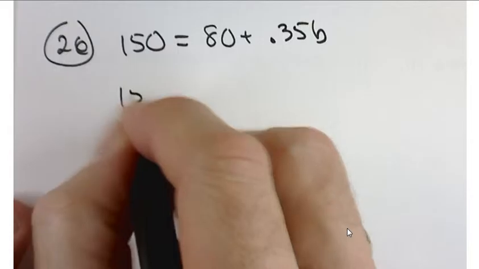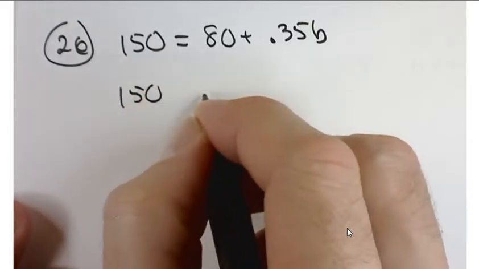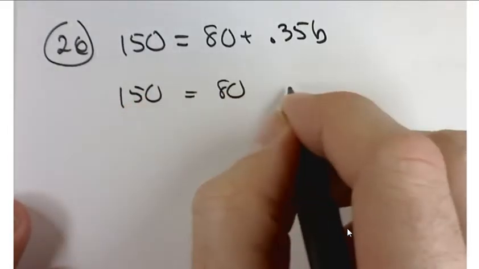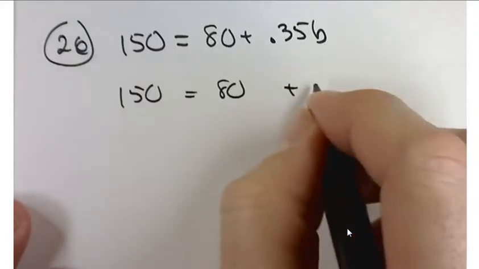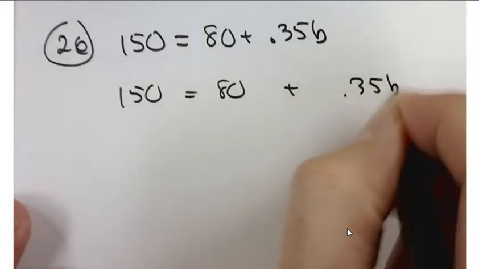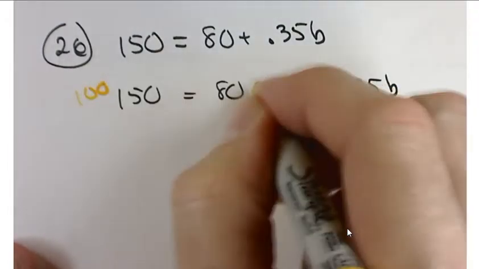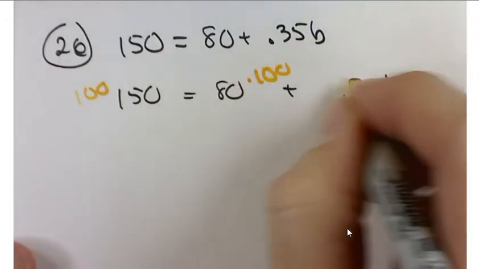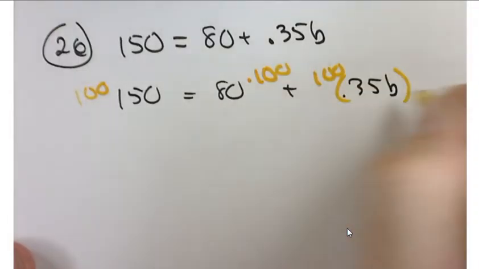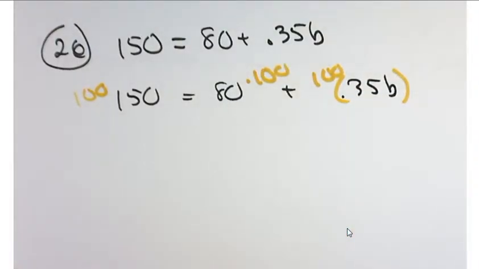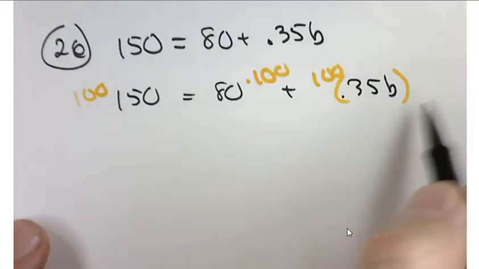So 150 equals 80 plus 0.35 times B. I'm going to multiply this by 100, this by 100, and this by 100. Multiplying everything by 100 is going to shift the decimal two places to the right. So, Rochelle, what equation am I going to get here, please?